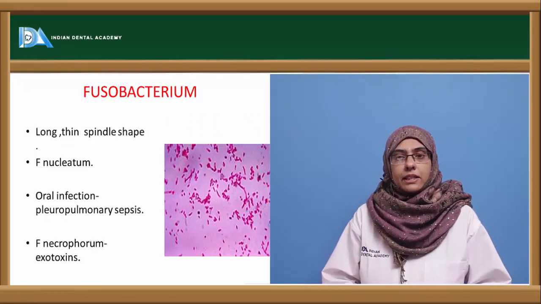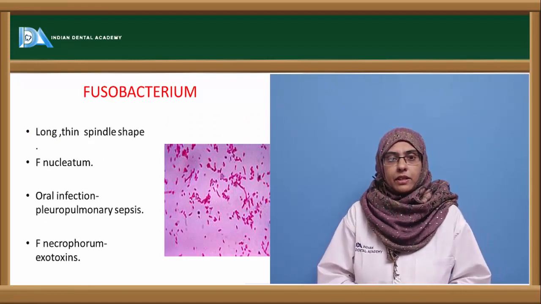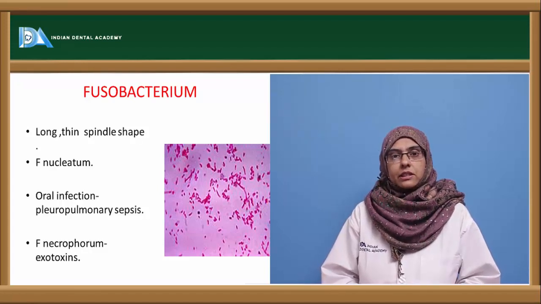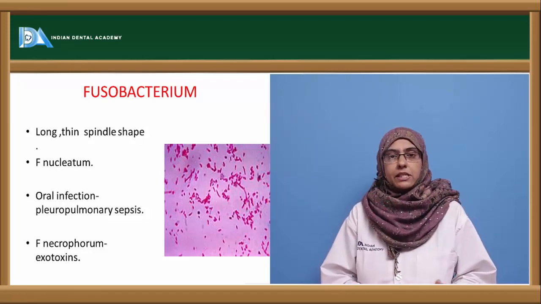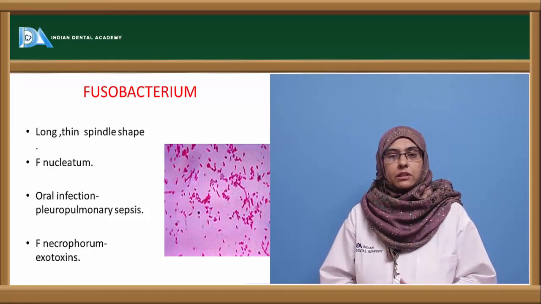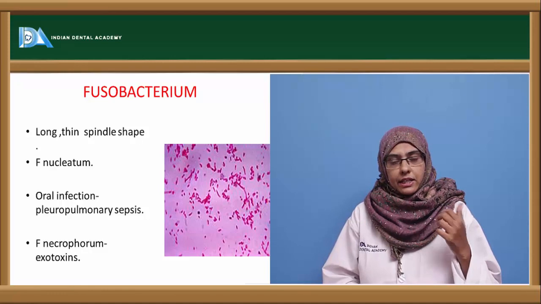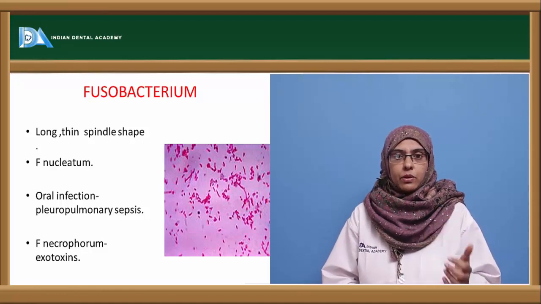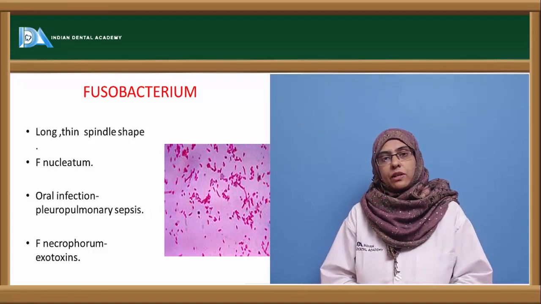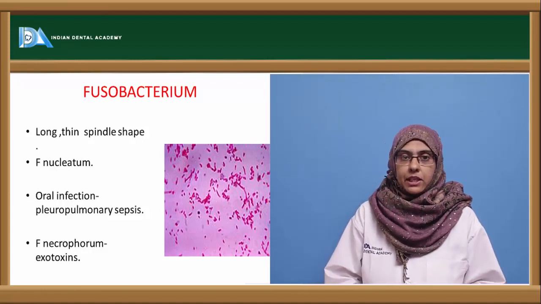Next is Fusobacterium, another important group of organisms involved in pathological conditions. They are long, thin, and spindle-shaped with pointed ends, and they have two species: F. nucleatum, which is mostly involved in oral infections and also pleuropulmonary infection. If the infection spreads towards the lungs, you can find this organism involved in pleuropulmonary infections.